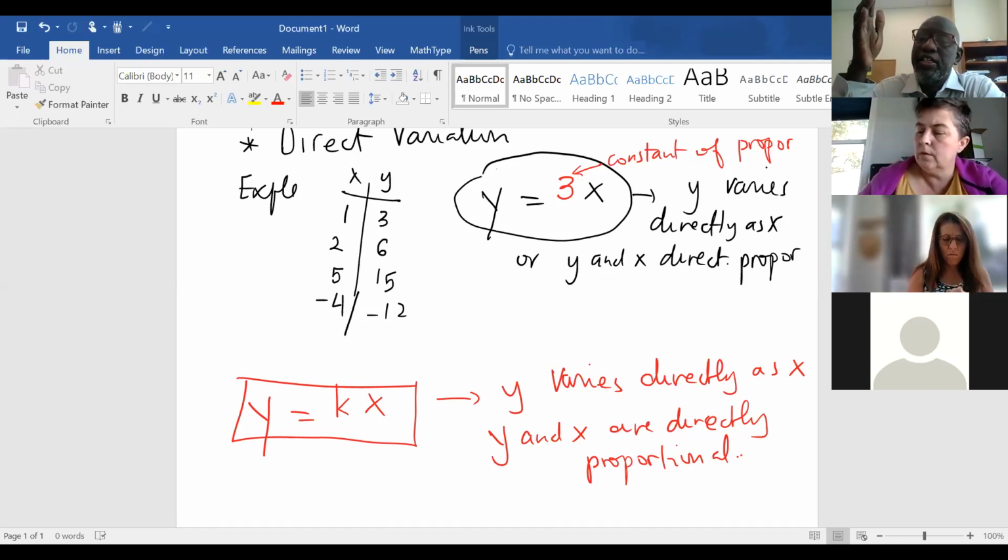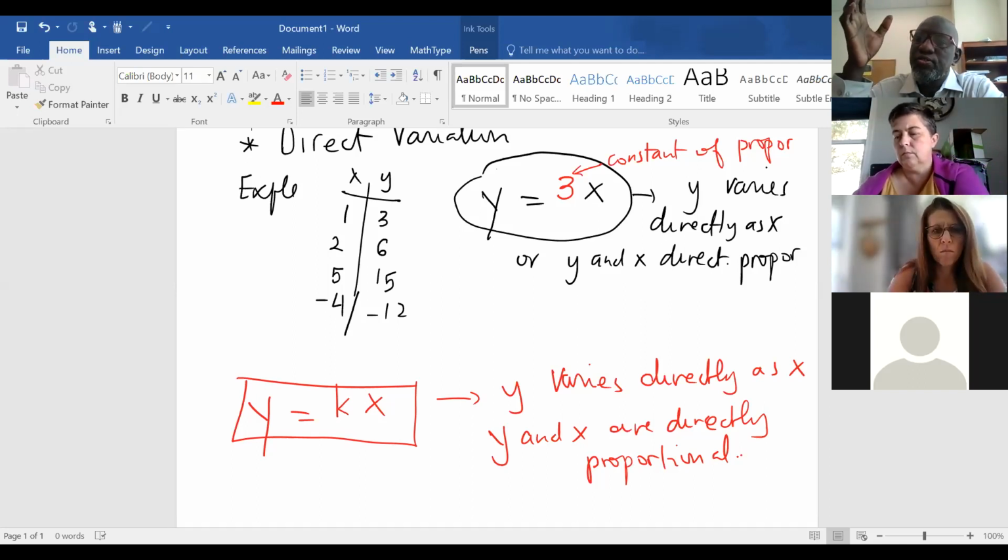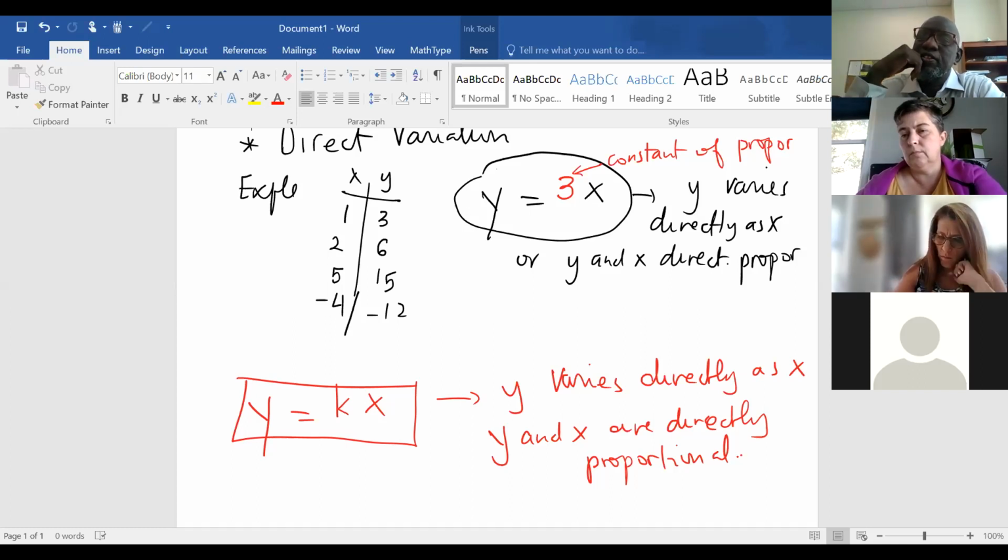So here the quantity of medicine is proportional to the weight. But my child is not 20 pounds. My child is 27 pounds, you see? So I don't want to give them only 5 because it might not have the same effect.